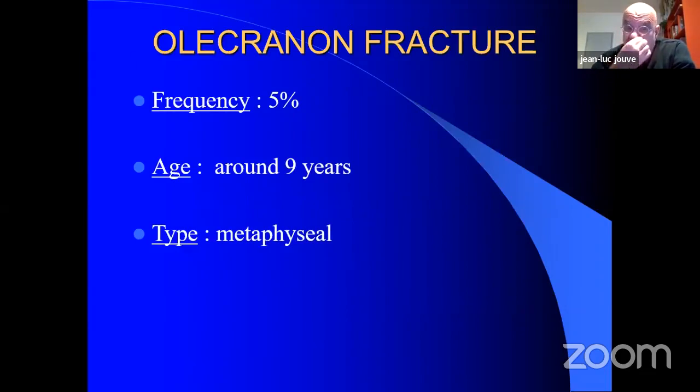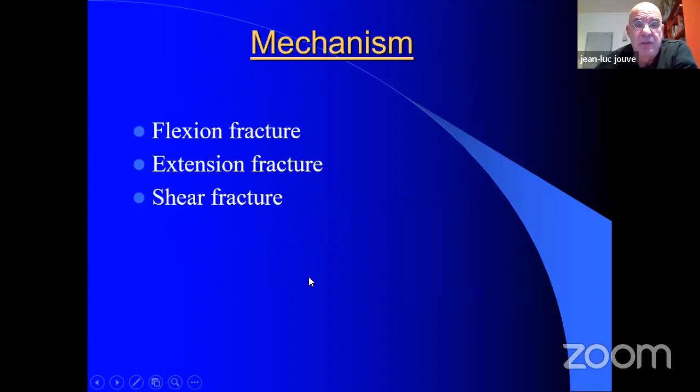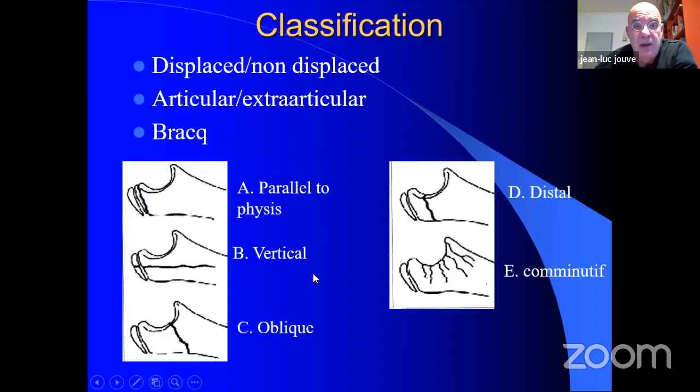Concerning olecranon fracture, the frequency is also 5%, and the age is around 9 years, and it is typically a metaphyseal fracture. It can be a flexion fracture, extension fracture, or shear fracture, and it could be displaced or non-displaced.